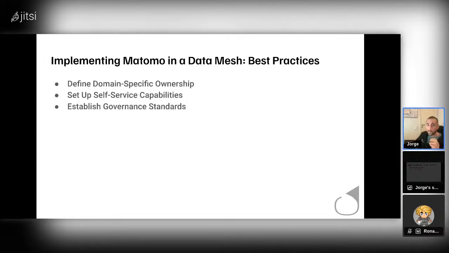This means setting up specific permissions and access rights within Matomo so that each domain has full control over their data collection, reporting, and analysis. This ownership ensures accountability, empowers teams, and aligns with the data mesh principle of treating data as a product, where each domain is responsible for managing and maintaining its own data.